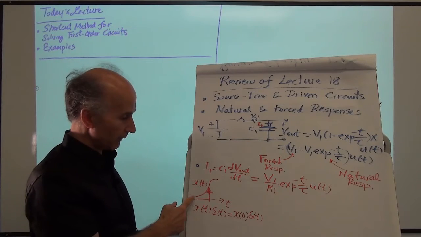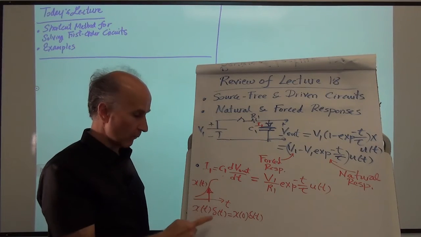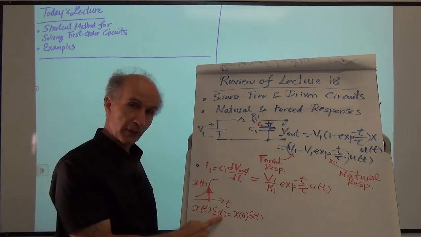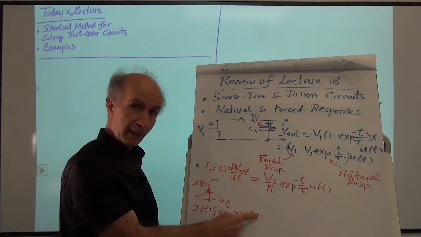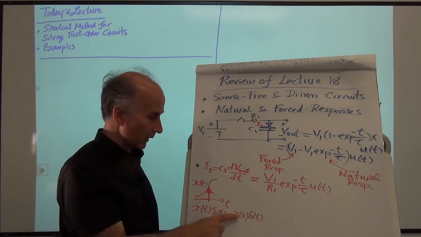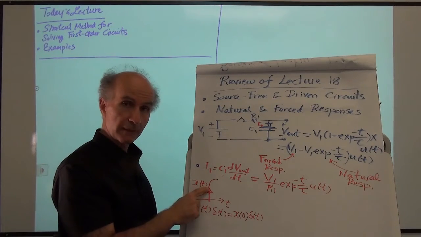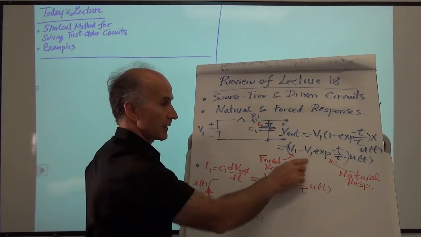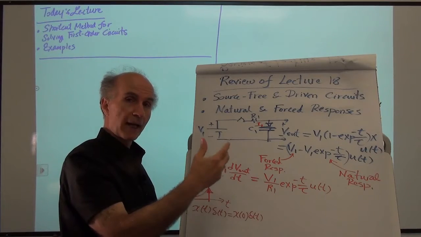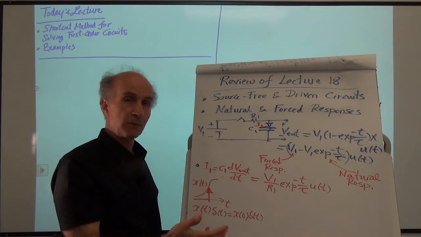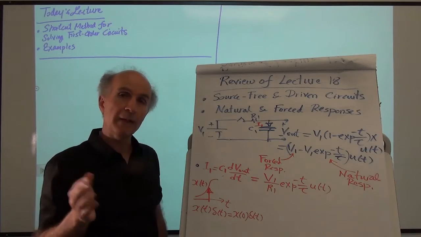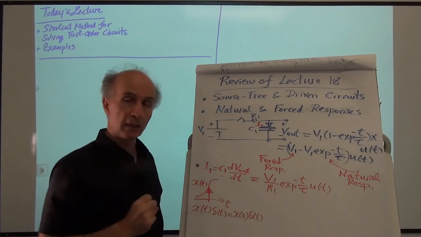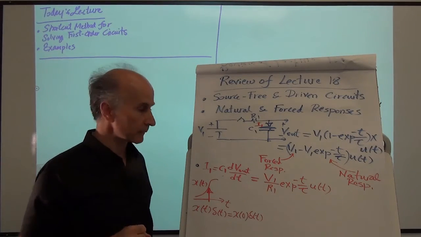Because if I have a function x(t), and I multiply it by an impulse at time 0, then this is equivalent to an impulse having an area given by the value of the function at time 0. So when I evaluate this at time 0, I get 0. That 0 times delta(t) gives me an impulse with 0 area. So that's not an impulse, we throw it away, and this is the only component that's left.